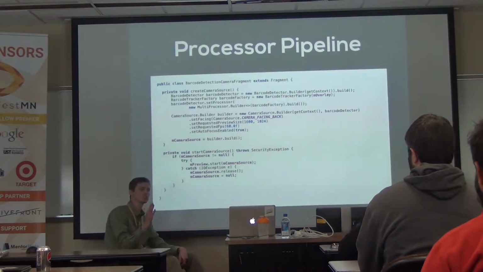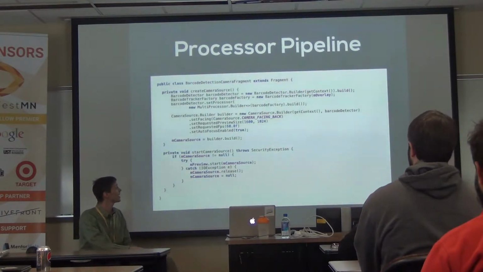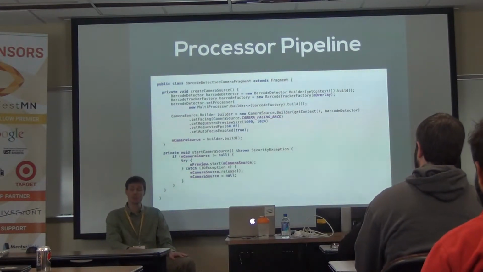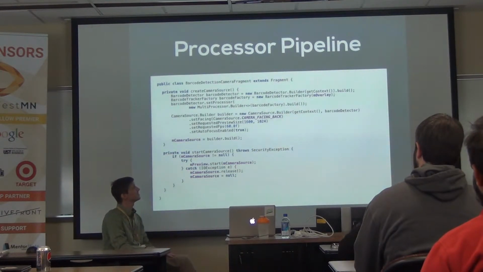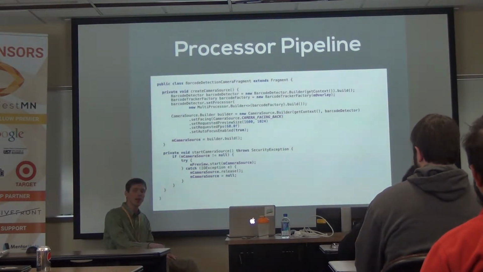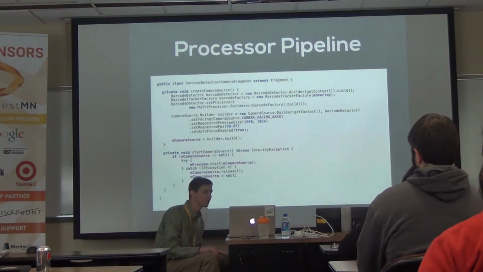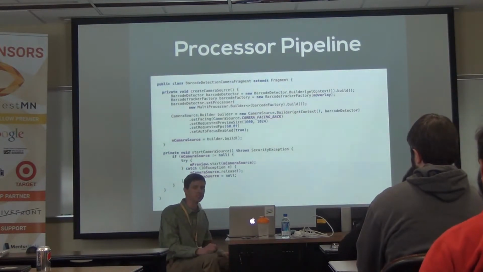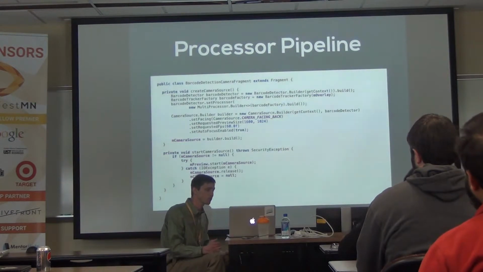We can set which direction the camera is facing, whether back or forwards. We can also set the preview size. You can set this as big as you want. The bigger it is, the more detail the detector will be able to pick up on and possibly be more accurate. It'll also slow it down and use more memory though, so you'll probably need to work with what's best for you.